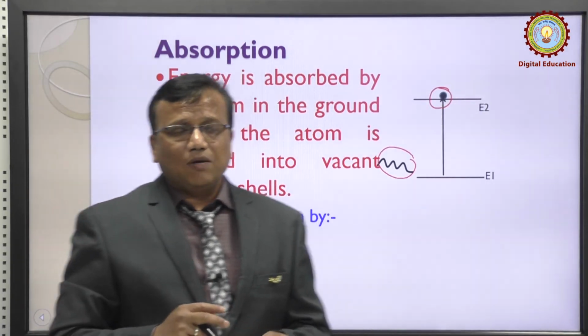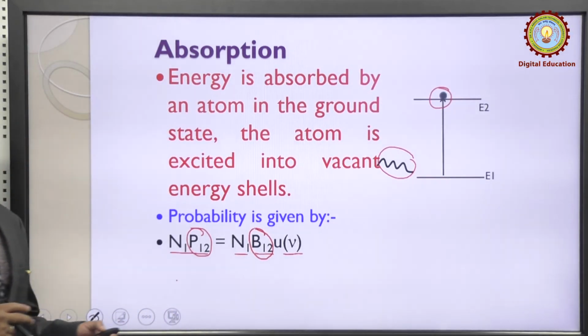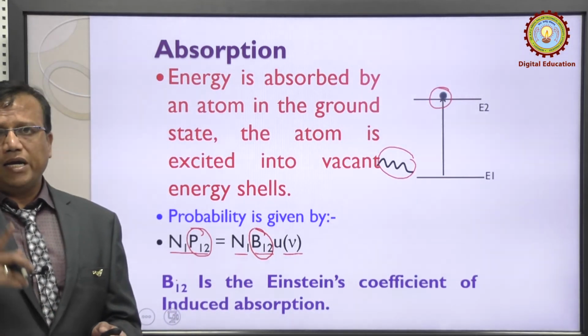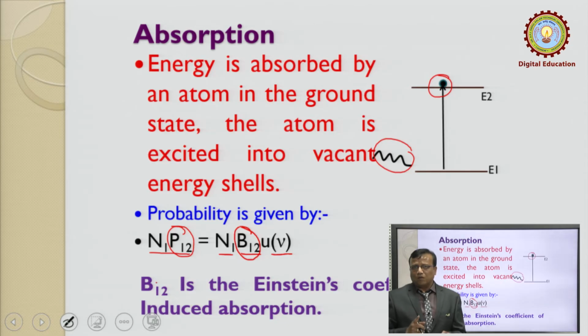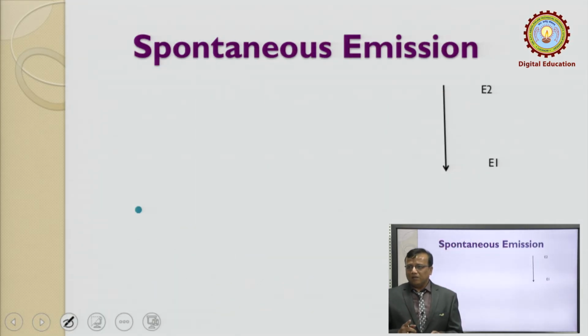So probability is given by this function, and we have seen that B12 is the Einstein coefficient of induced absorption. The second process is spontaneous emission.